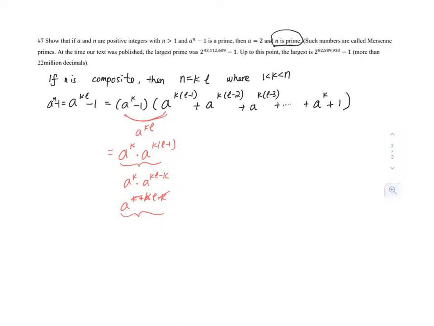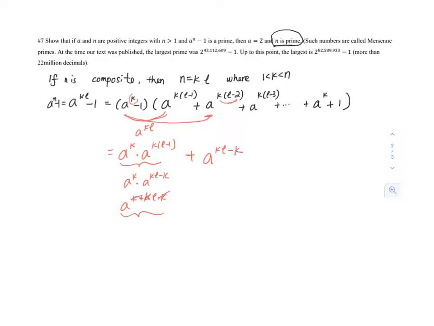Now the second term, take a look at this guy. You have a to the k times a to the kl minus 2k. If you do the algebra again, you end up with a to the kl minus k.